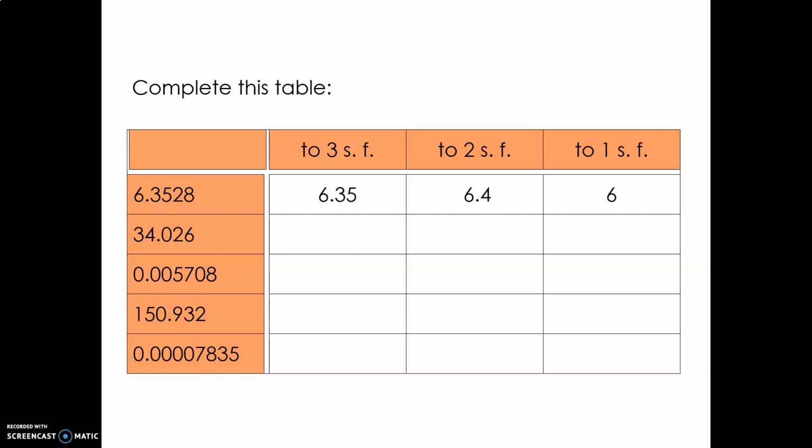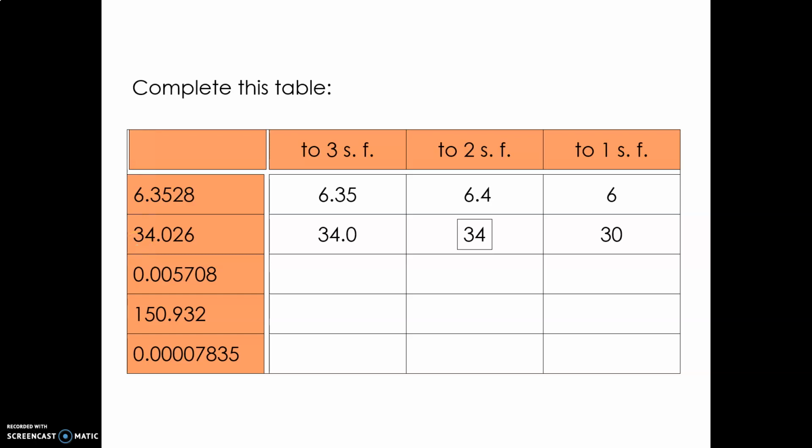Okay, you should have completed the table now. So if we go through the answers, the 34.026, 3 significant figures is 34.0, 34, and lastly 30. 30 is always a tricky one where people get a little bit confused about how to round it.